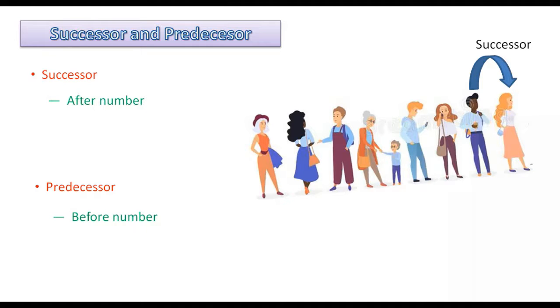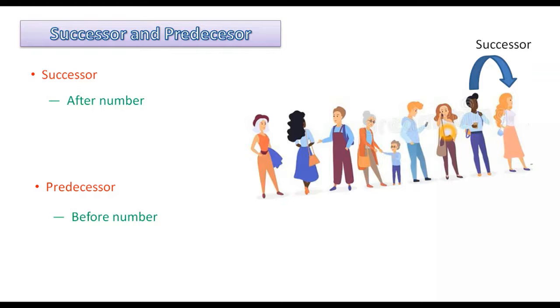And if you look at this lady, she is also standing after this boy, so she comes after this boy. So she is also the successor of this boy, right? But now, if you look at this boy and this lady who is talking on the mobile phone, this boy is before this lady.